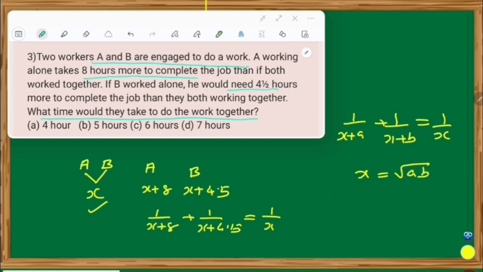Using this method here, we get X is equal to root of 8 into 4.5, therefore root 36, equal to 6. C is the correct choice.